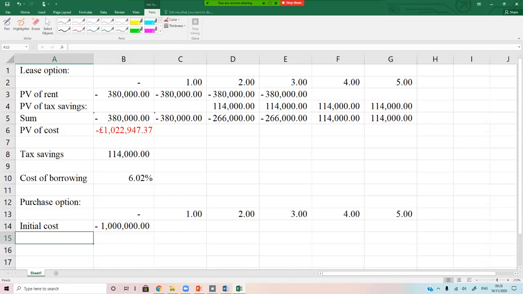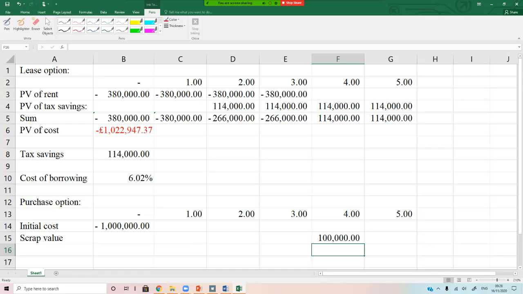Then in the final year, you can sell it off for scrap value. Don't forget you own these assets, therefore in the final year we scrap it. In year 4, there's a 100,000 cash inflow. Don't forget these cash flows should not appear here again.